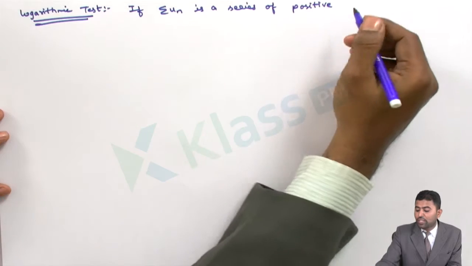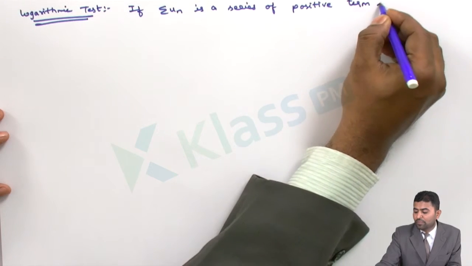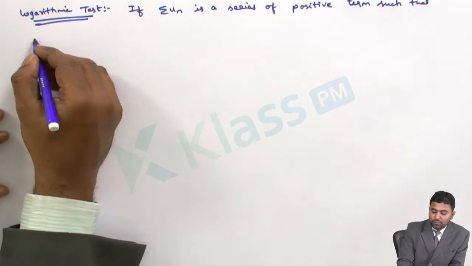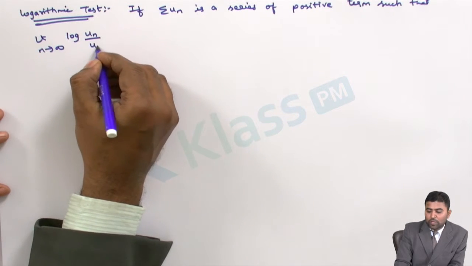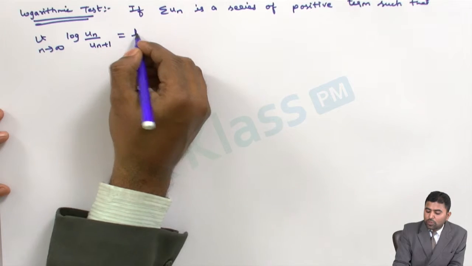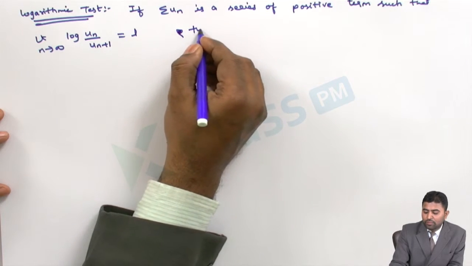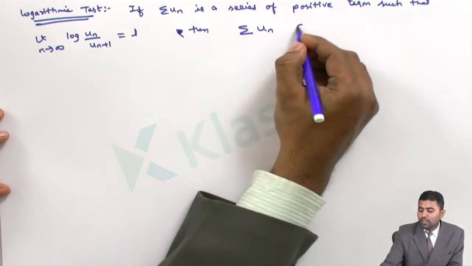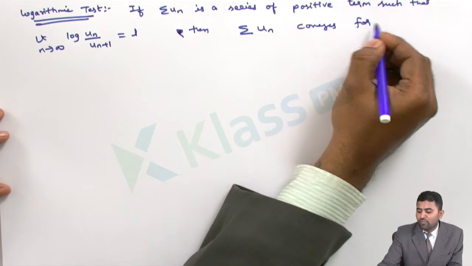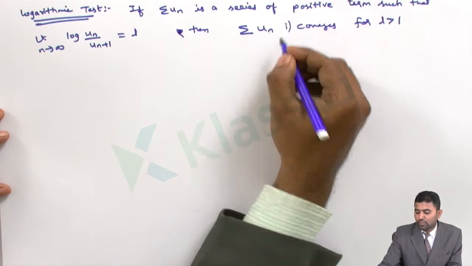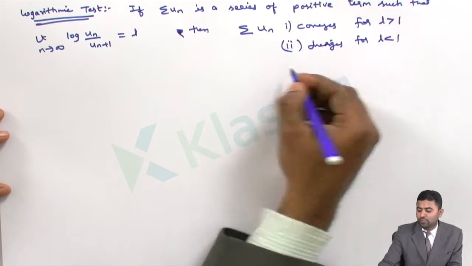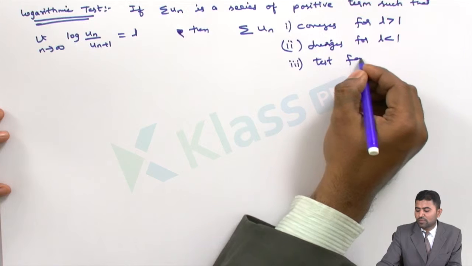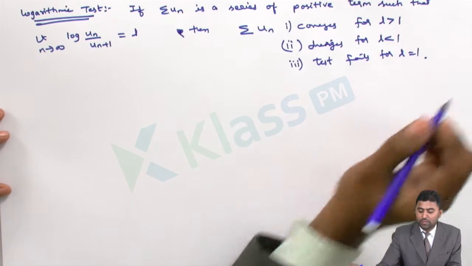Okay, if summation un is a series of positive terms such that limit n tends to infinity, log un by un plus 1 is equal to L, then summation un converges for L greater than 1, diverges for L less than 1, test fails for L is equal to 1.